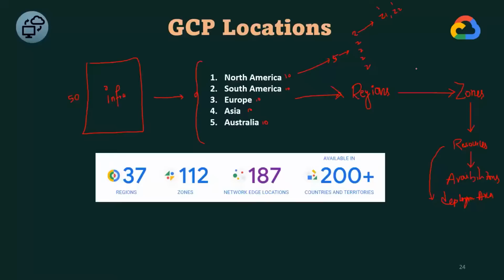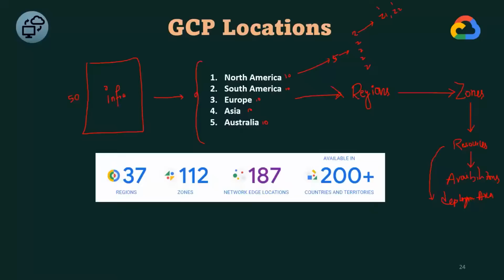In Google Cloud Platform, in total we have 5 locations, 37 regions, 112 zones, and 187 network edge locations. It is available in 200 plus countries and territories. So this is the entire GCP infrastructure and location details.